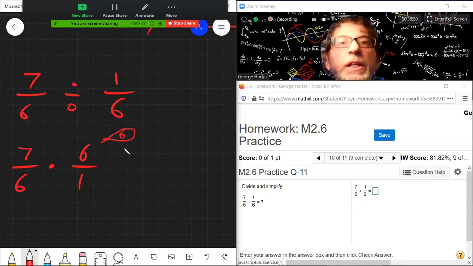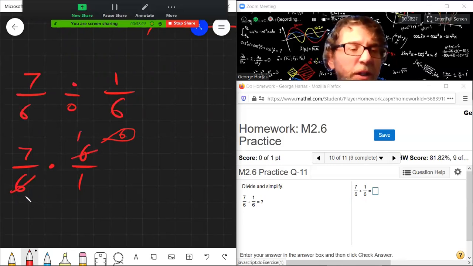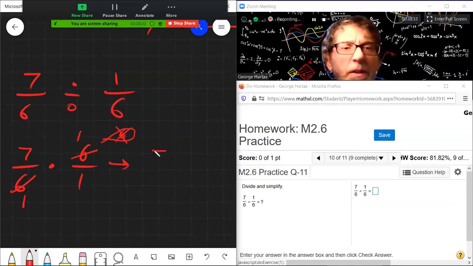Instead, you said 6. Correct. 6 divides into 6 once. Multiply across. 7 times 1 is 7. 1 times 1 is 1. We don't need the 1 on the bottom, because 7 divided by 1 is 7.